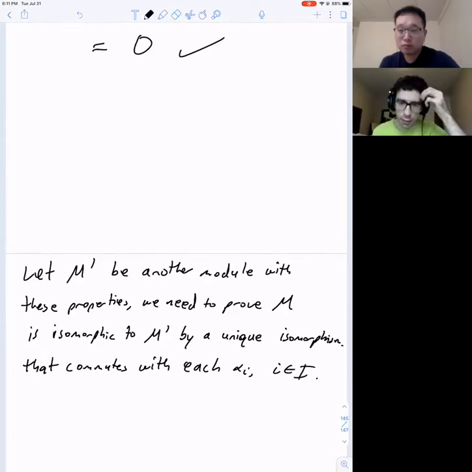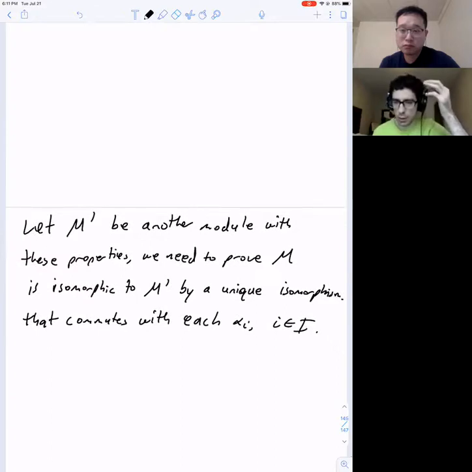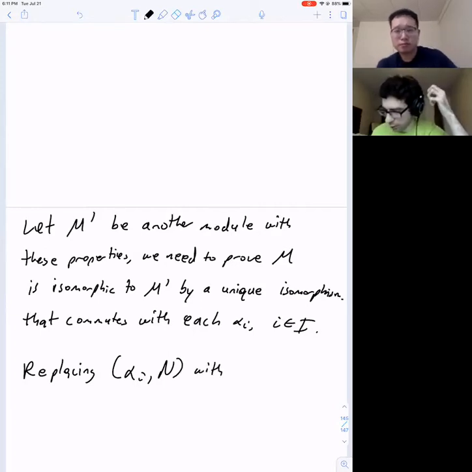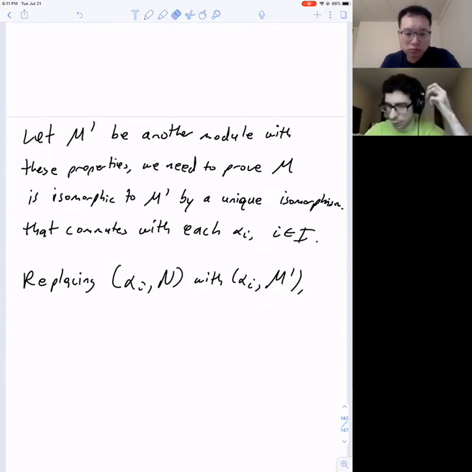So, this is just a question of replacing, let's say, alpha_i into N with alpha_i into M prime, or maybe I should have written a different index.